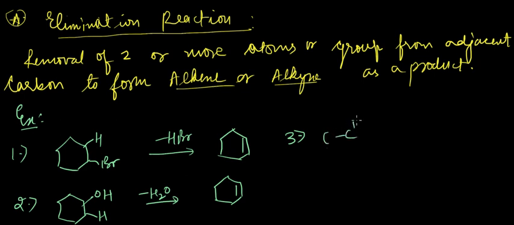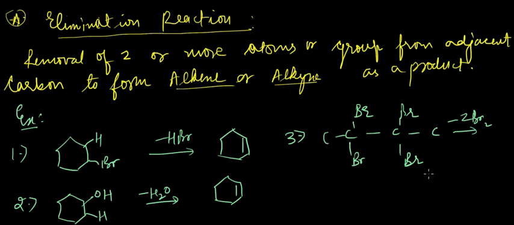We have Br, Br. The removal of Br2 will lead to the formation of a triple bond here.